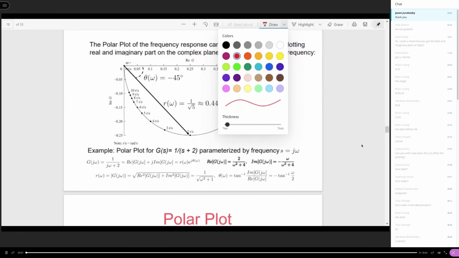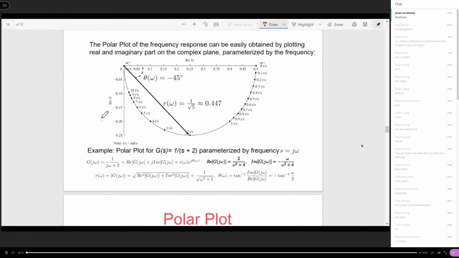Okay. So you can see, we basically can draw the polar plot from the G of j omega, right?